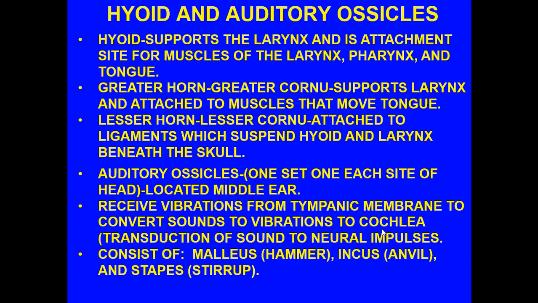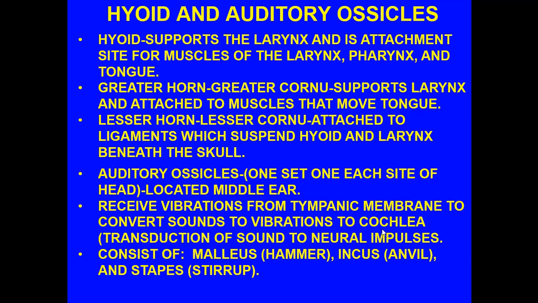In the auditory ossicles, you have one set on each side of the head, okay? And this is located in the middle ear. You receive vibrations from the tympanic membrane. So we have sound waves coming in, they bounce off the tympanic membrane because of vibrations.